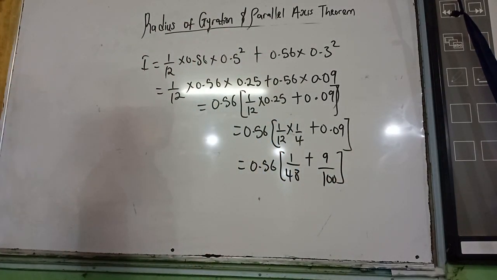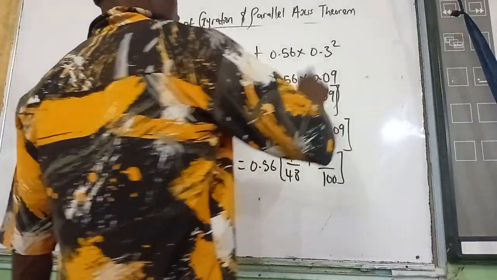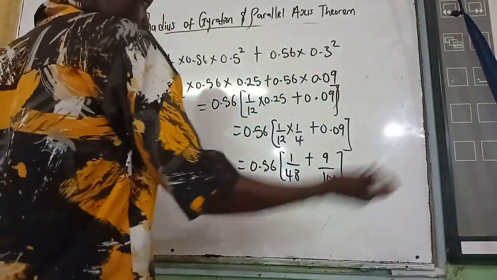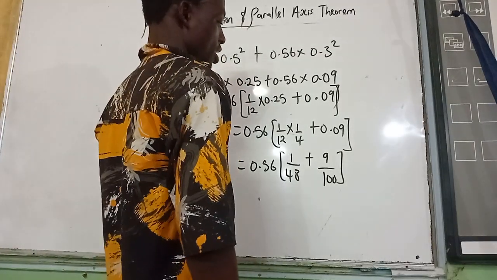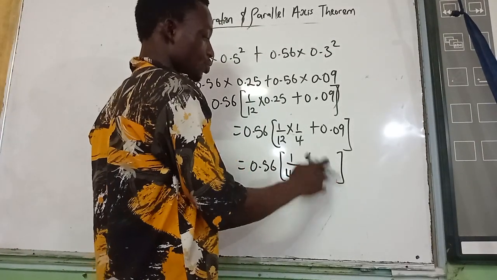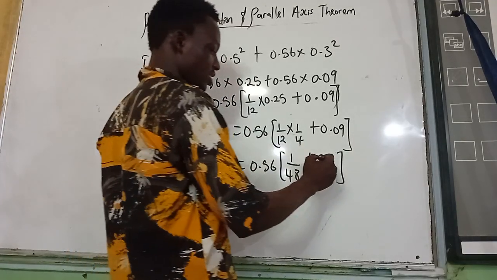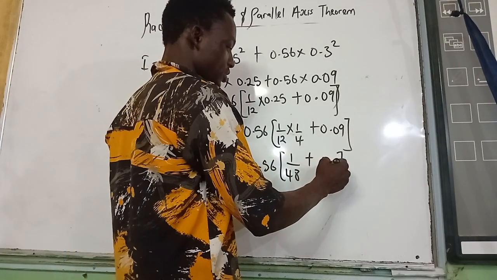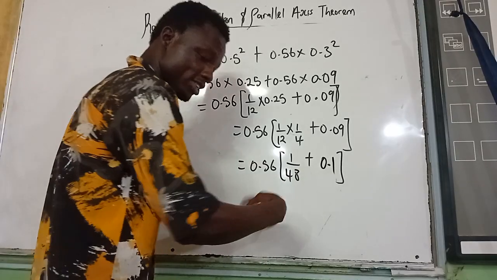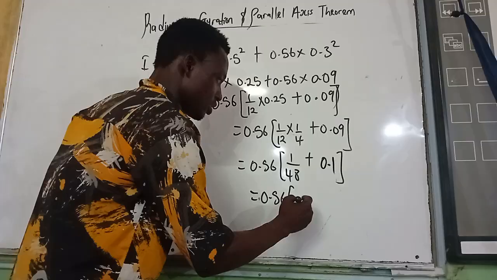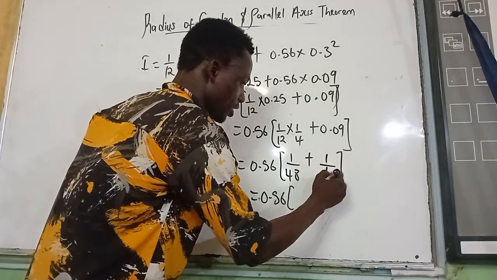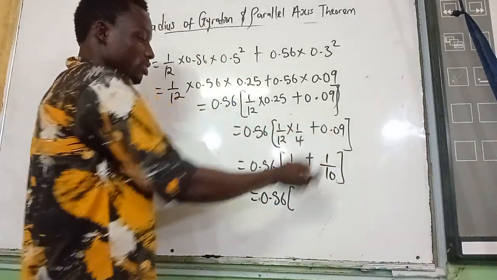I don't want to write it like that, so I should approximate it to 0.1. Use your calculator and finish the rest. I'm done with my explanation. 0.1 is the same as 1 over 10. They are not equal, but they are approximately equal.